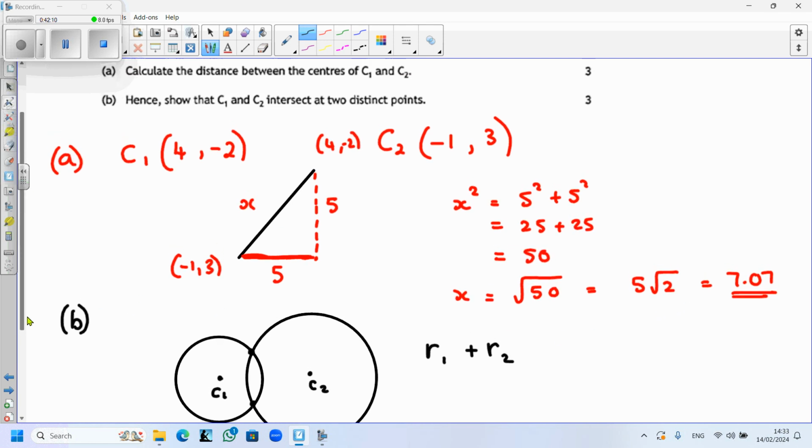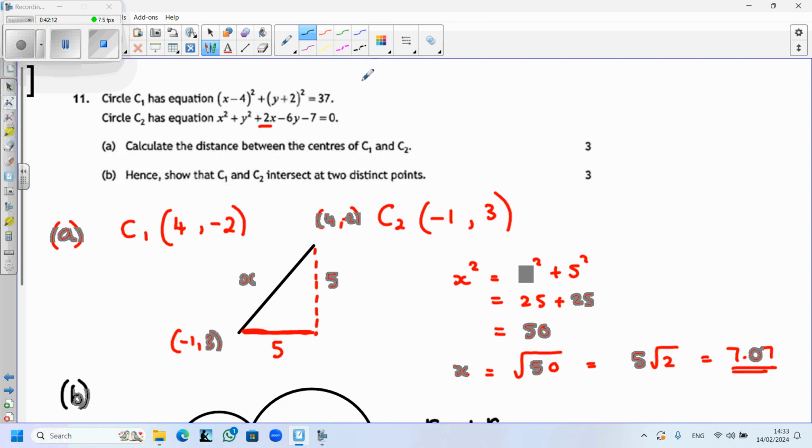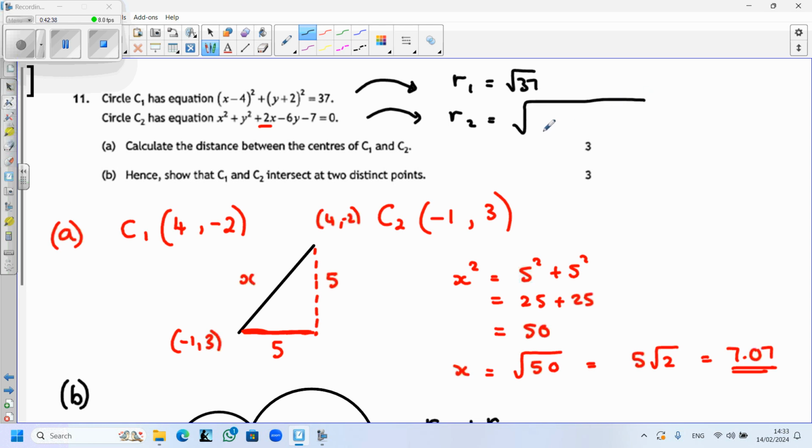So I'm going to go back up to the start, and the radius of that one there, it's in the format where we've got x minus a all squared plus y minus b all squared is equal to r squared. So the radius of that one, we'll call it radius 1, is equal to the square root of 37. And this one here, to get the radius of that one, I've got to do the calculation. So it's going to be the square root of g squared plus f squared minus c. So we're taking that from the centre.